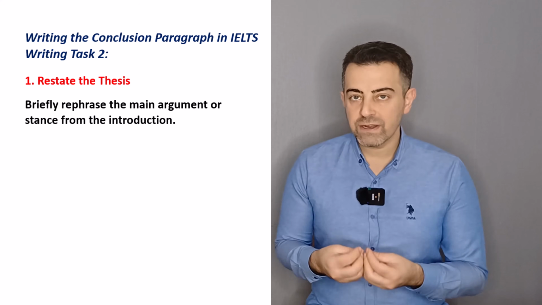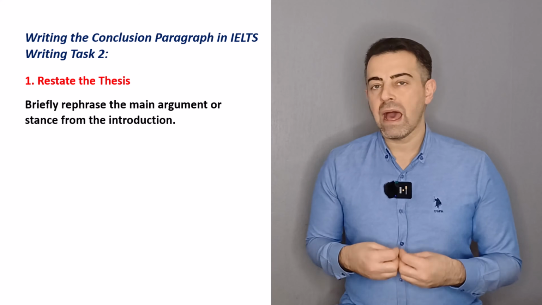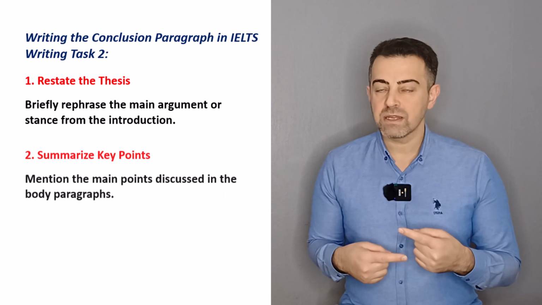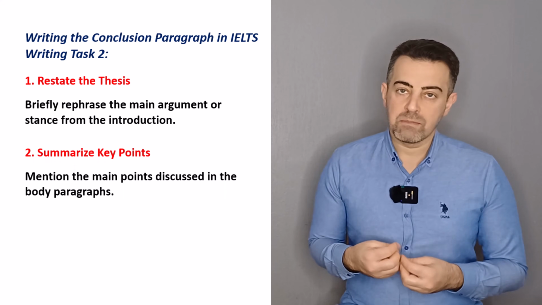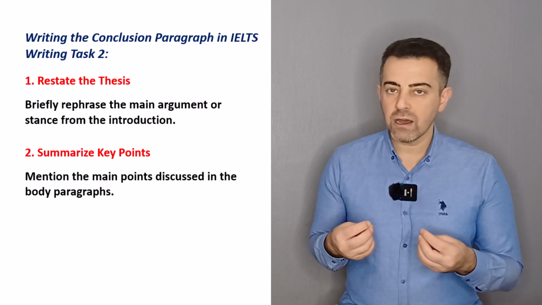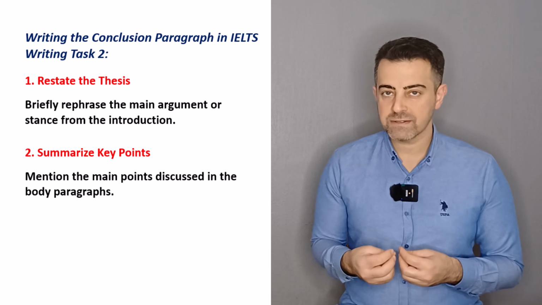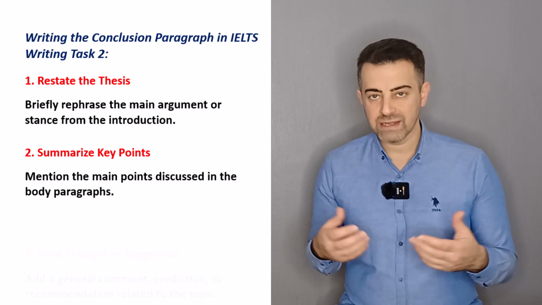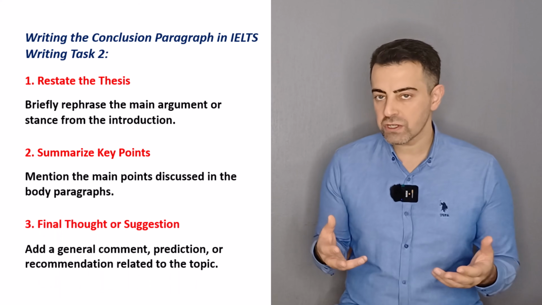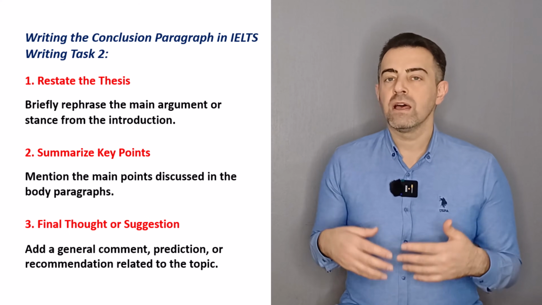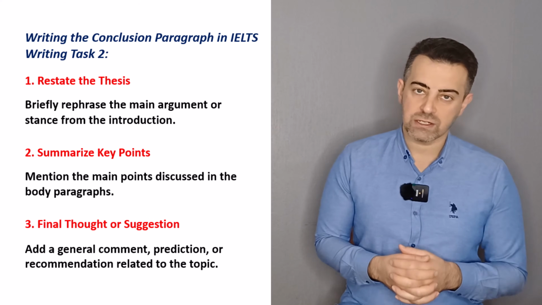You just paraphrase the thesis statement there, and then in the next statement you should reflect the main points and the key ideas in the body paragraphs. And the last part will be a final conclusion, a final thought, comment, suggestion, or even a question.